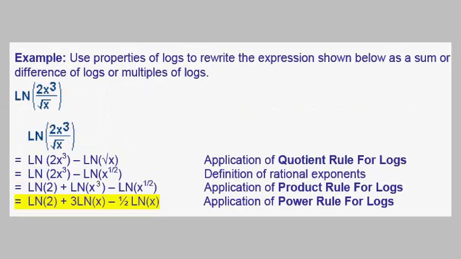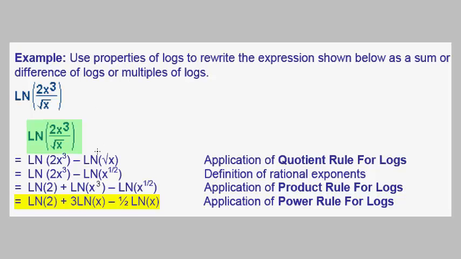In this example, we're going to use the properties of logs to write log of a quantity as a sum, difference, or product of logs. We're starting with the natural log of the quantity 2x cubed divided by the square root of x. Now we have a log property that says if we have log of u divided by v, we can rewrite that as log of u minus log of v for any base log we have.